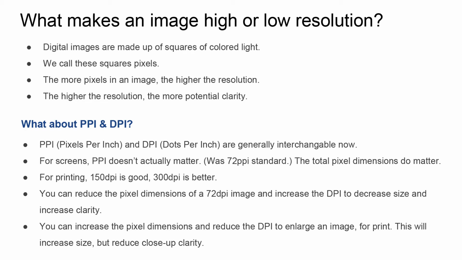So for screens, pixels per inch does not matter, okay? There's been a big misconception for years upon years, and it's starting to get cleared up a little bit more, that 72 pixels per inch was what you wanted to save for your screen. Now, in all honesty, just out of habit, I still do that.